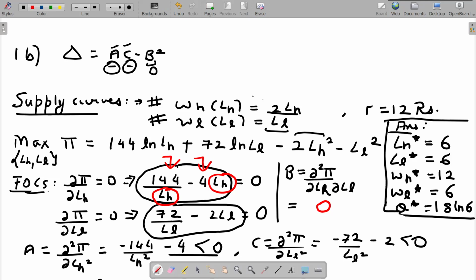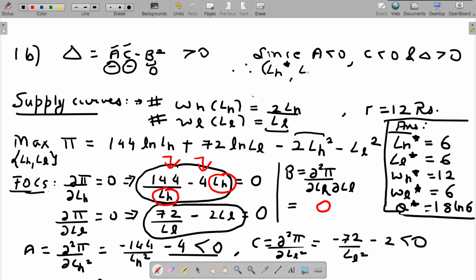So A into C means negative into negative, which is positive. So I can say that since A is negative, C is negative, and the determinant is positive, therefore LH star, LL star maximizes the profit. This is my complete answer for question 1 part.